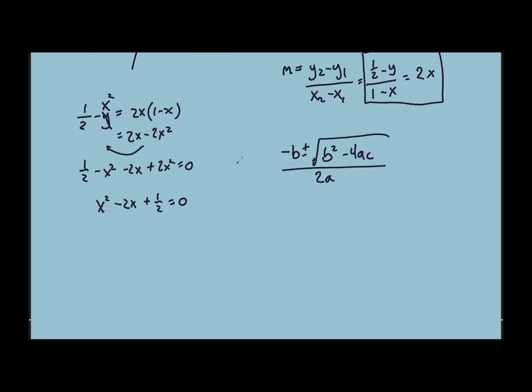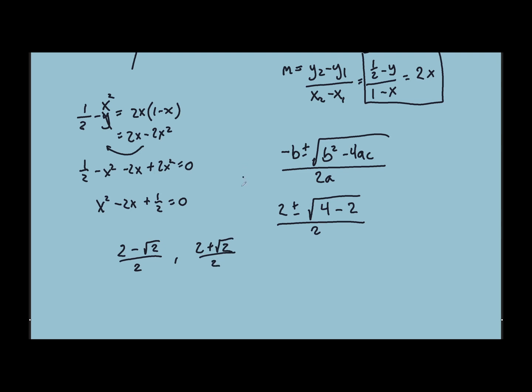Okay, for us, that's going to be 2 plus or minus the square root of 4 minus 4 times 1 times 1/2, all over 2. So we're going to get 2 minus the square root of 2 over 2 and 2 plus the square root of 2 over 2.